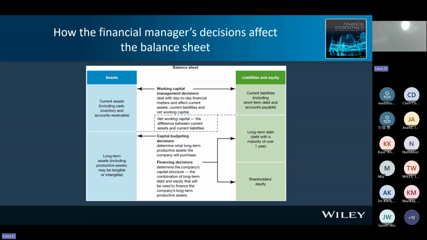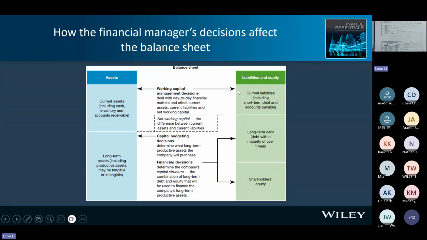It's very important. It's a high value asset, right? So the decision on long-term asset is capital budgeting. And how to finance the long-term asset? We can use the long-term debt or equity. This is our financing decision, all right?